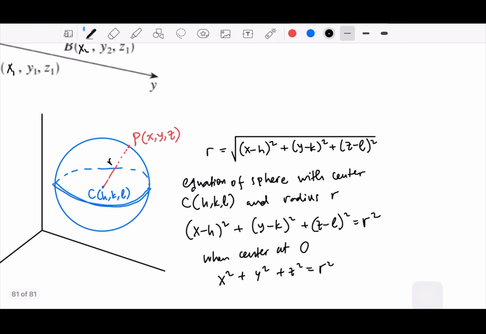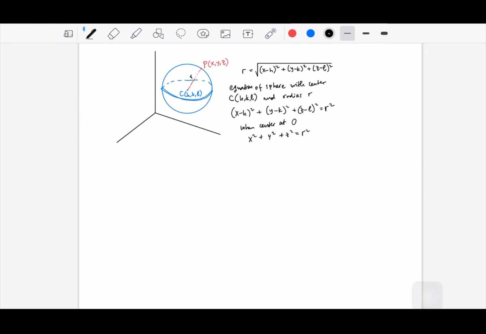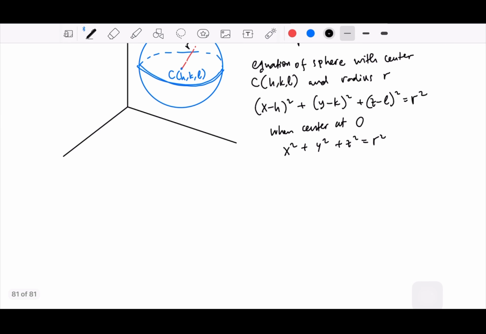Okay, I think I can move on to our vectors. So 12.2. How can we describe vectors?